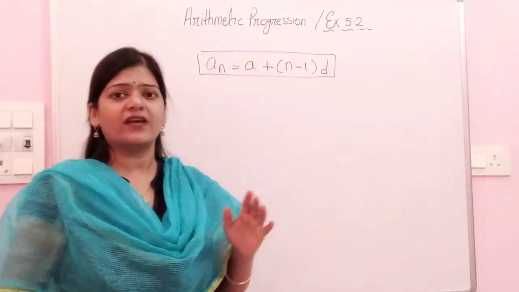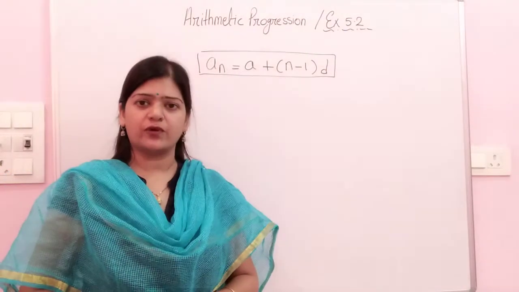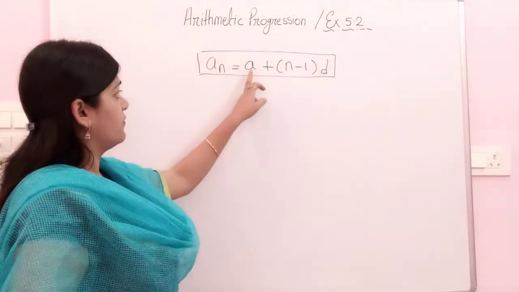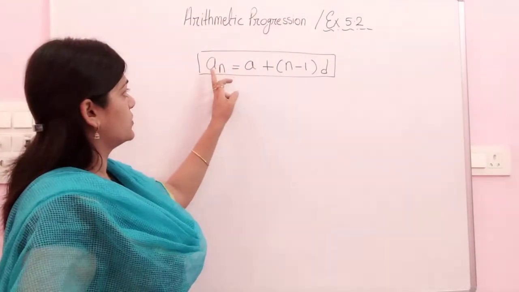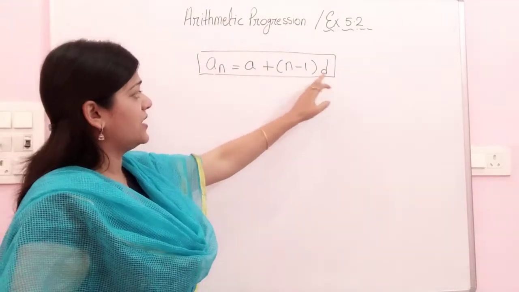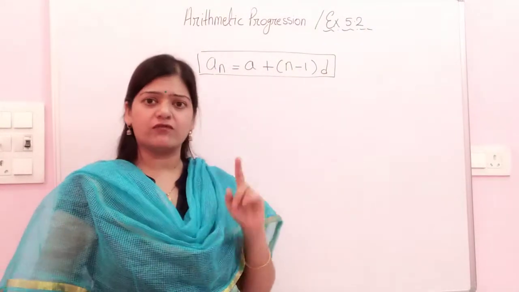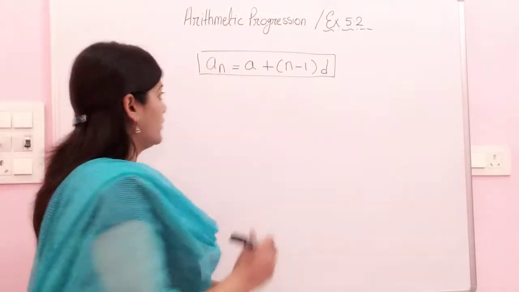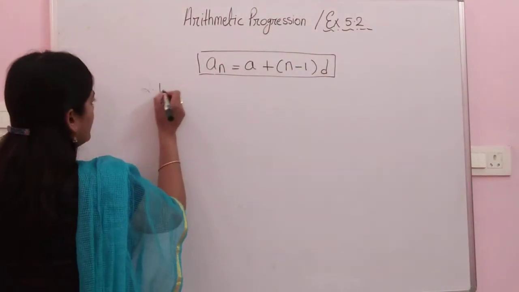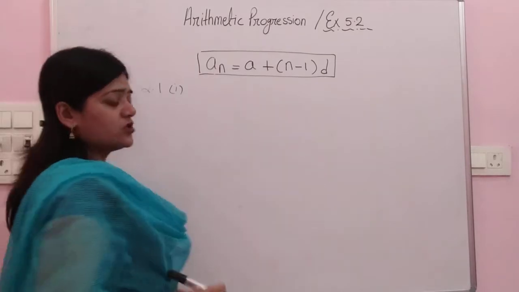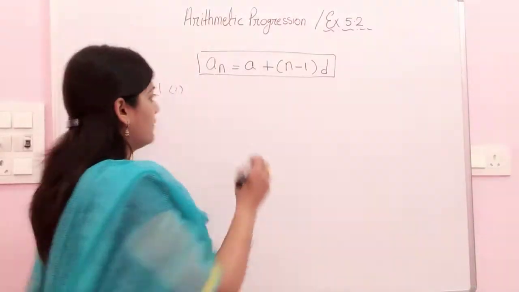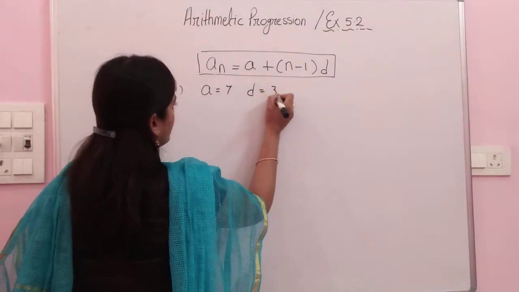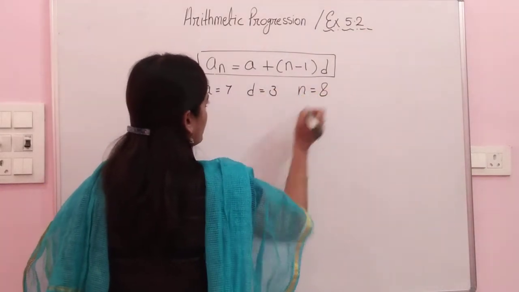In your very first question in exercise 5.2, you are given a table with a few values from these 4 values A, N, D and AN. Any 3 values will be given to you and you have to find the 4th value. So we are going to solve question number 1, part 1, in which A is 7, D is 3 and N is equal to 8.